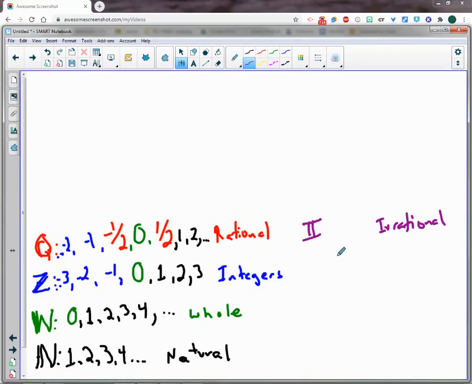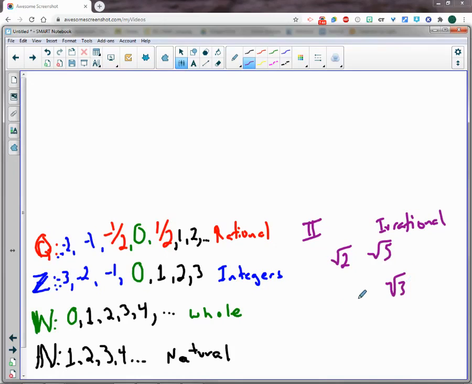The ones you're going to see where the decimal goes on forever and never repeats would be the square root of any imperfect square. Square root of 2, square root of 5, square root of 3.